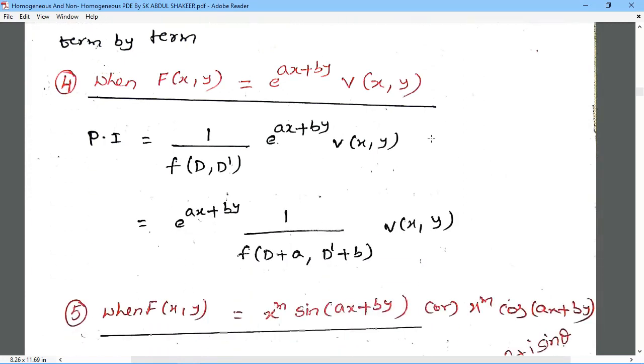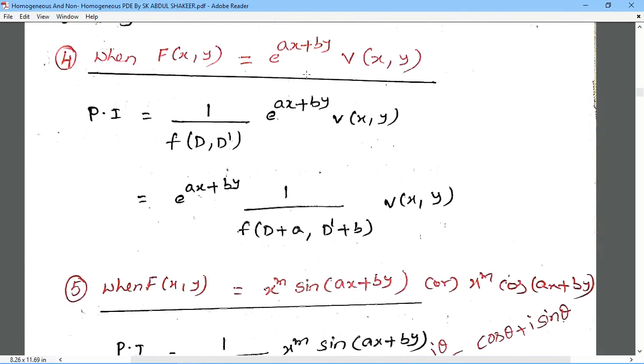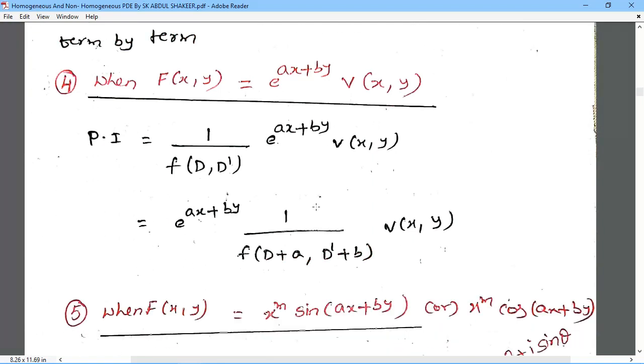Suppose the right hand side of the equation contains the product of an exponential function like e power ax plus by into V of x comma y. In this case, we have to take the exponential function outside of the integral operator, and then replace D as D plus a and D dash as D dash plus b. Then we proceed by considering case 3 or case 2.